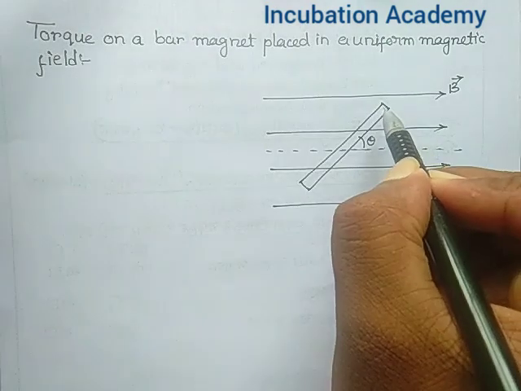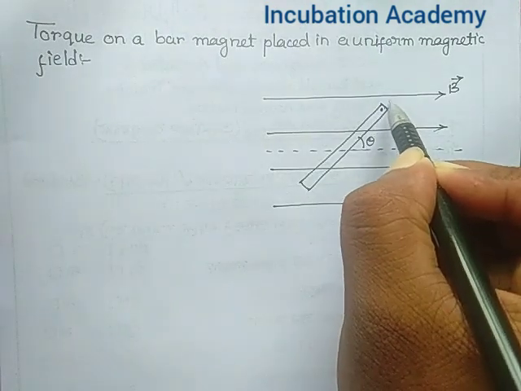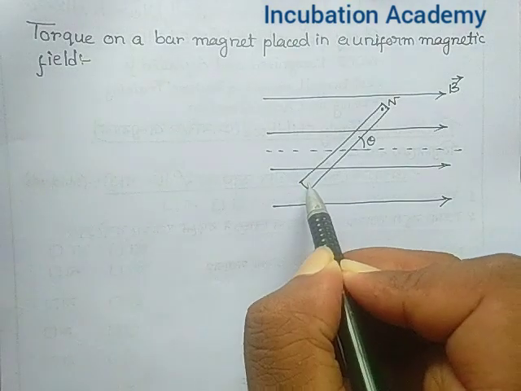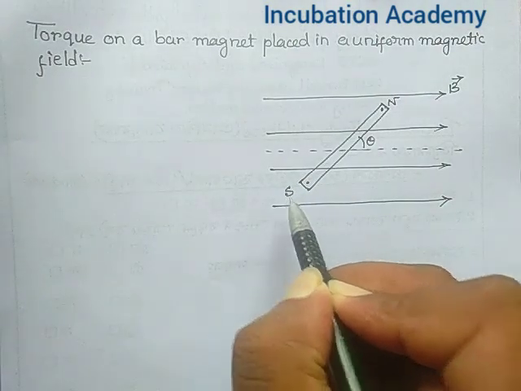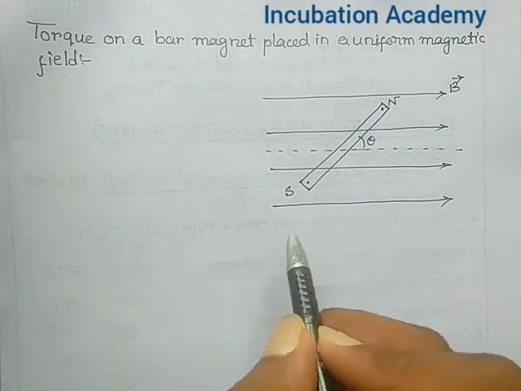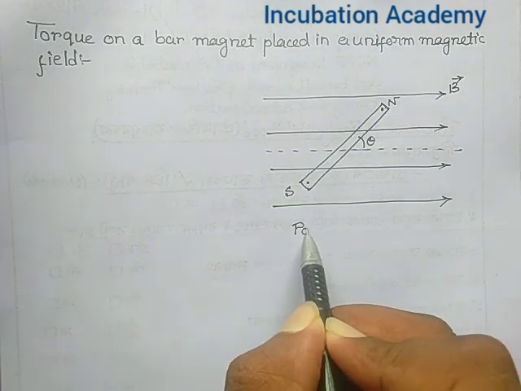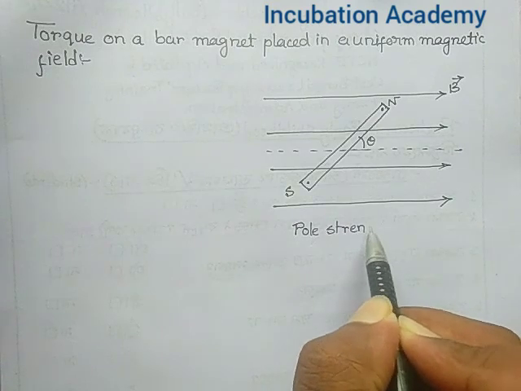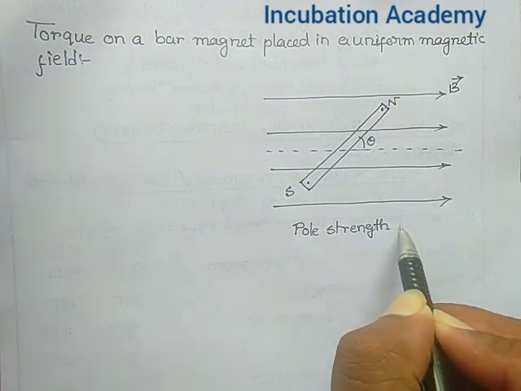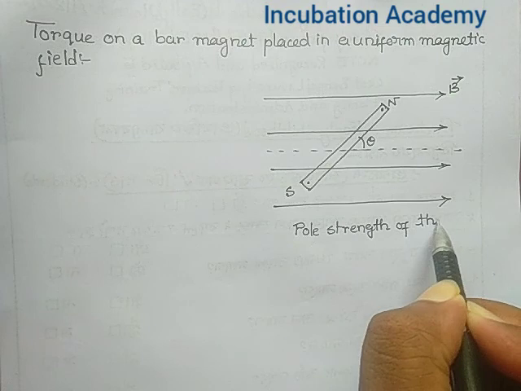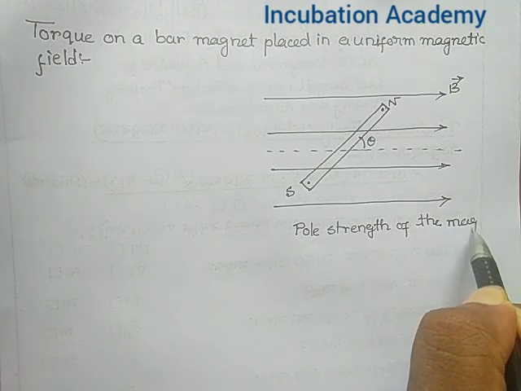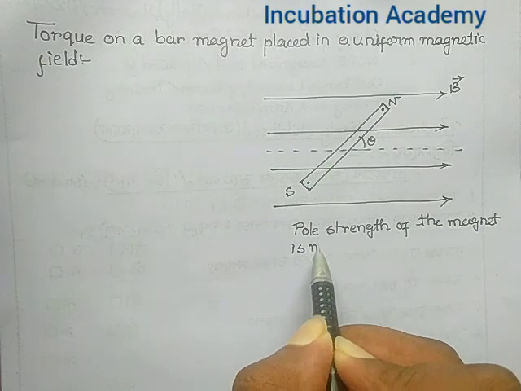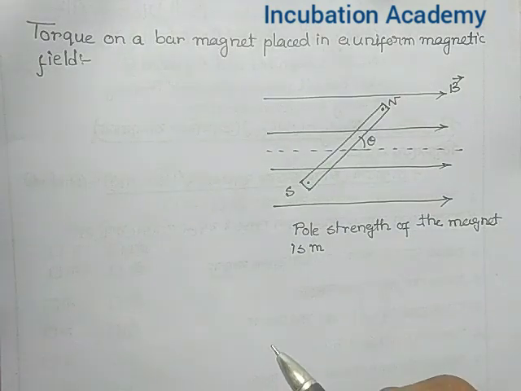If I consider this is the north pole of the magnet and this is the south pole of the magnet, and if I consider that the pole strength of the magnet is M, simply.